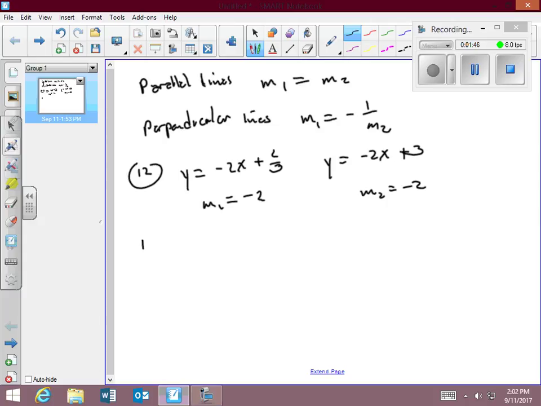So 14 says y equals 1/2 x plus 3/2. And it's saying, is it perpendicular to y equals a negative 1/2 x plus 3/2? So what's the slope here?